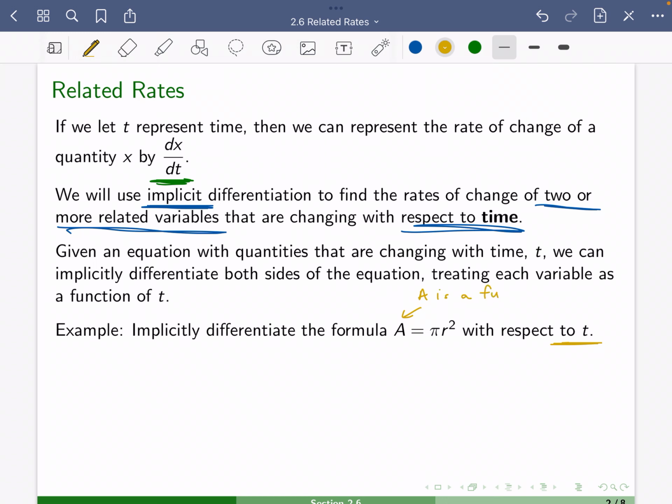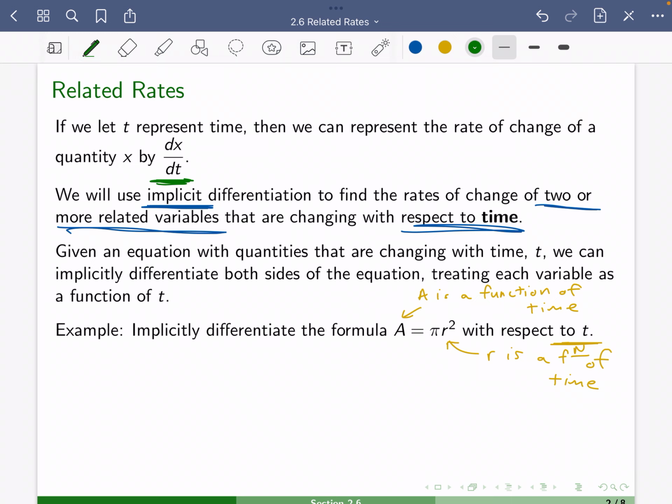We are also understanding the radius is also a function of time. And so both of these are functions of time. So when we take our derivative, we're going to pick up dA/dt. We will also pick up dr/dt.